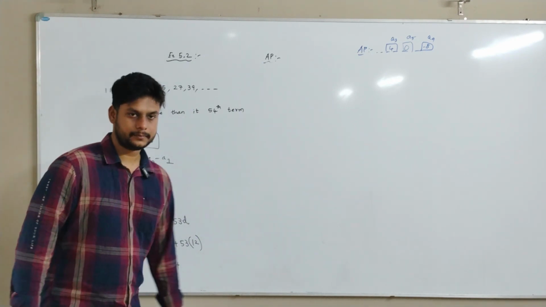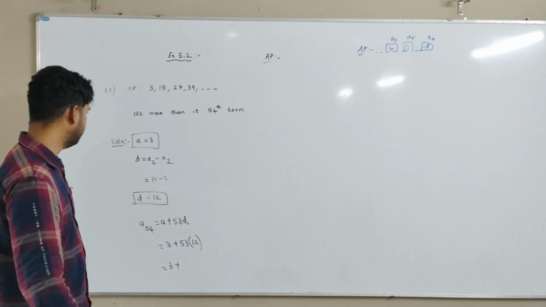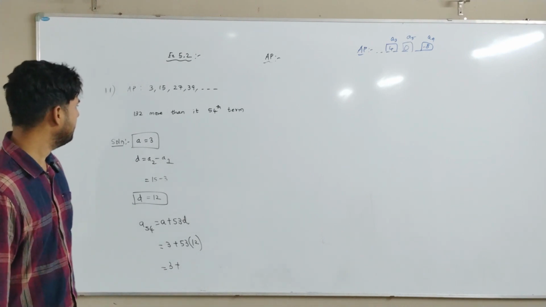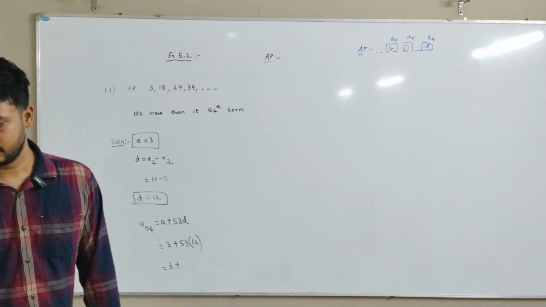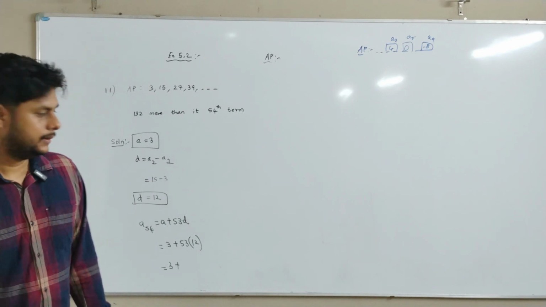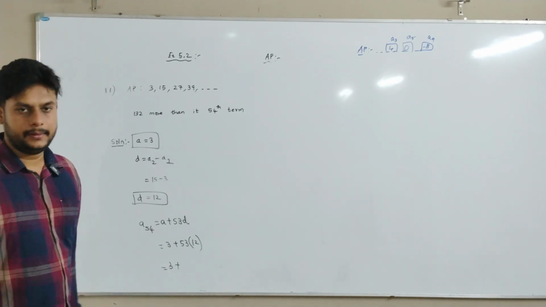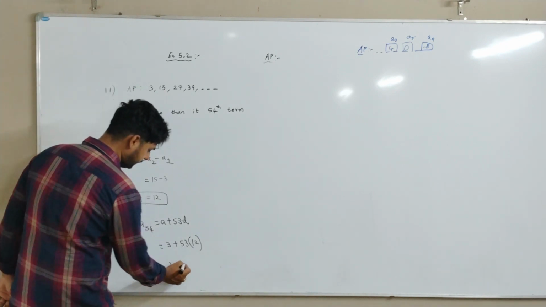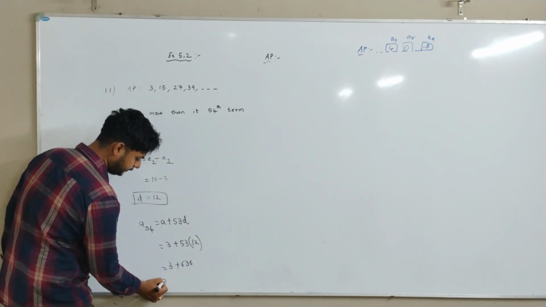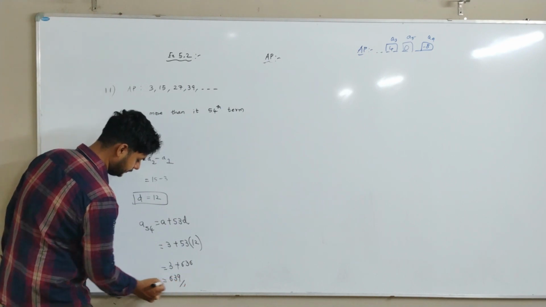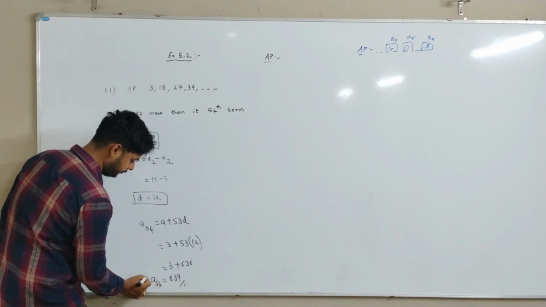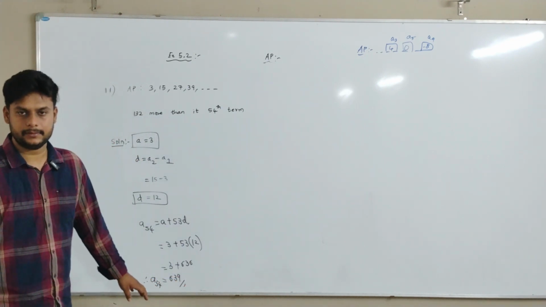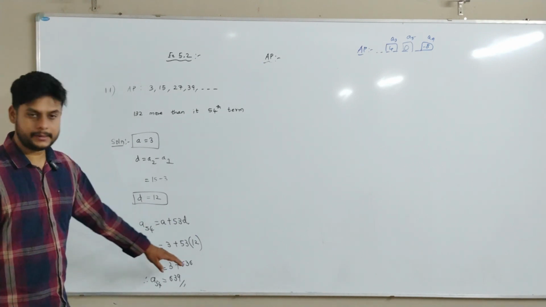Be quick. 53 into 12, 636. Correct. 636 plus 3, 639 is A54. Any doubts here?